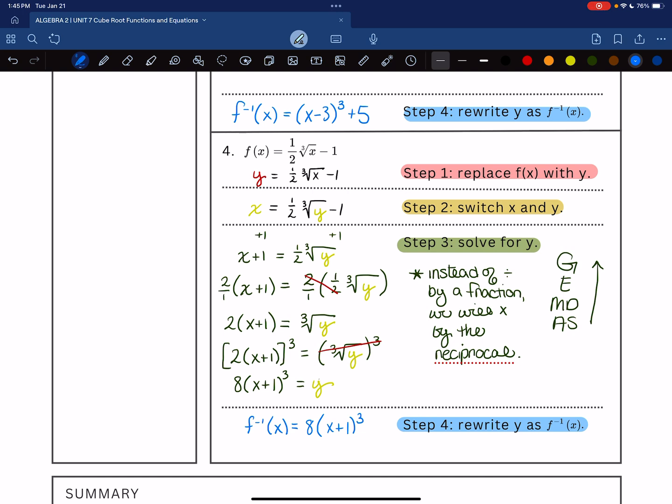And you might be wondering right here why I didn't just cube the 2 and get 8, and then write this as x cubed and 1 cubed. Well, remember that really when we're cubing something, that means to multiply it by itself 3 times. So yes, 2 times 2 times 2 is 8.